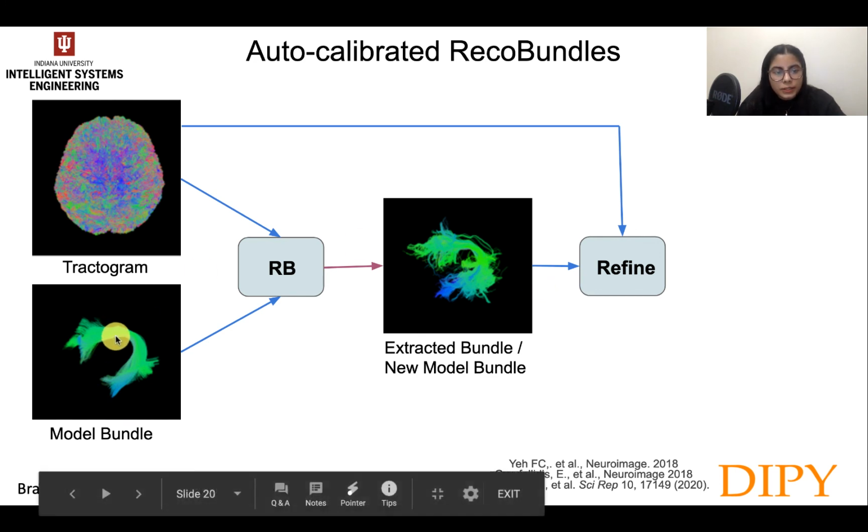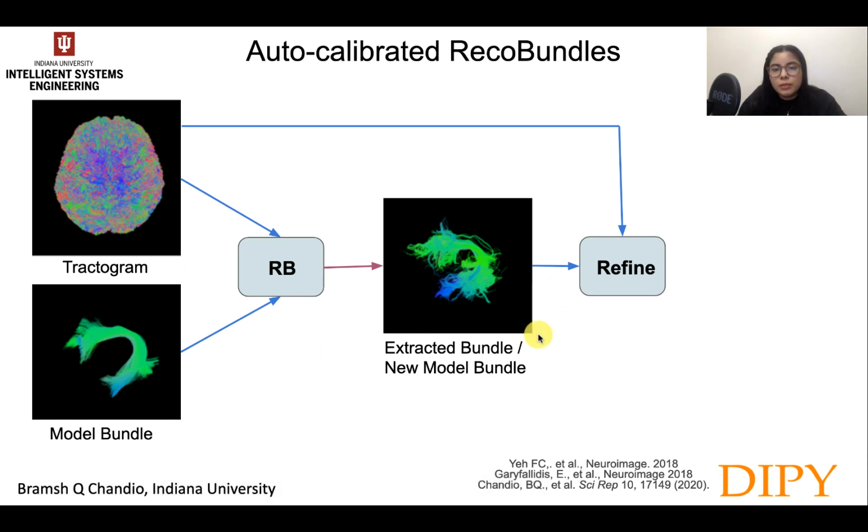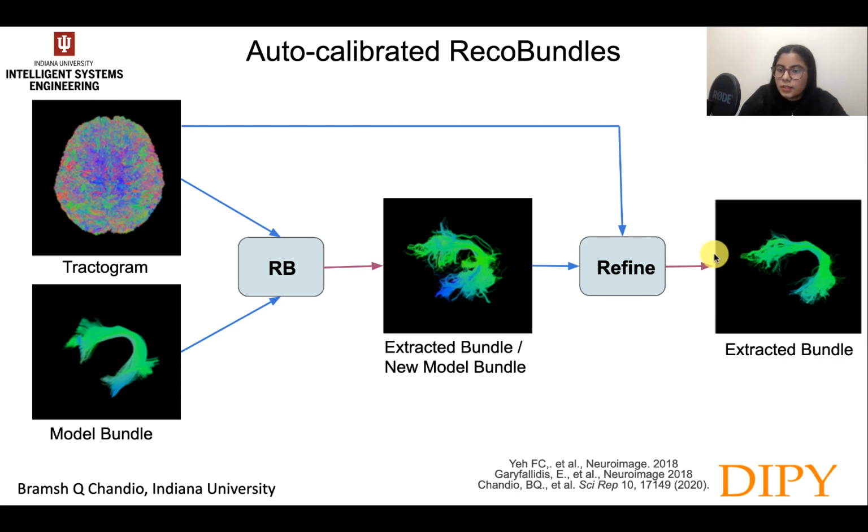Before we had a model bundle coming from the atlas, but now the model bundle is one that is extracted from the data itself. This serves as a self-supervision step, and then we perform RecoBundles again with these new inputs. And this is the output that we get, which is very much refined, and it has an influence from the data itself.